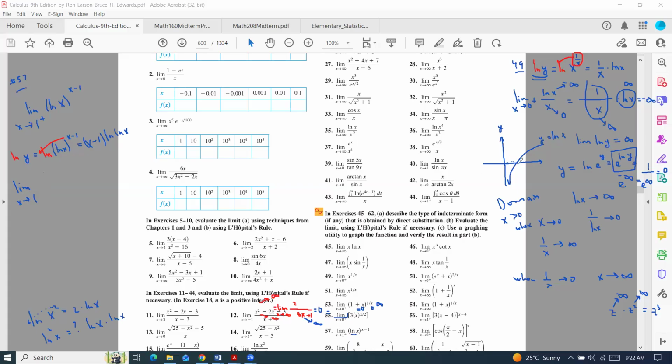So when we approach 1 on the right side, as they say, we're approaching 0, right? So that's approaching 0.